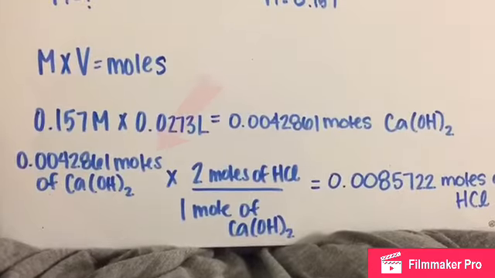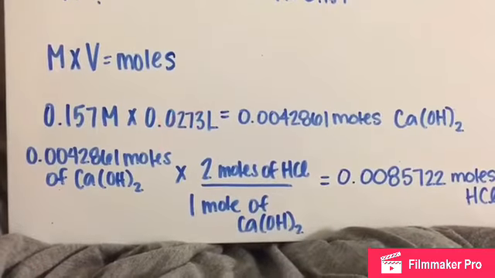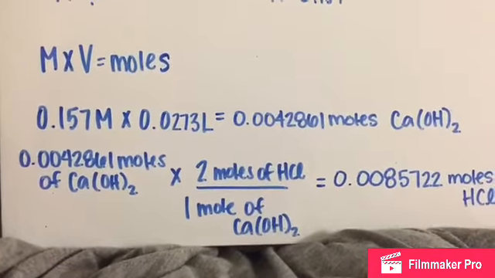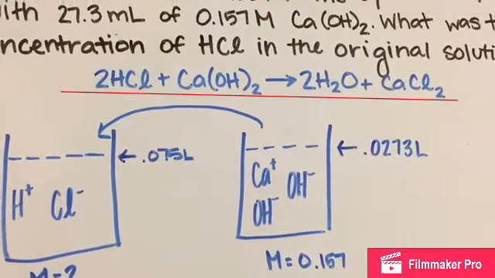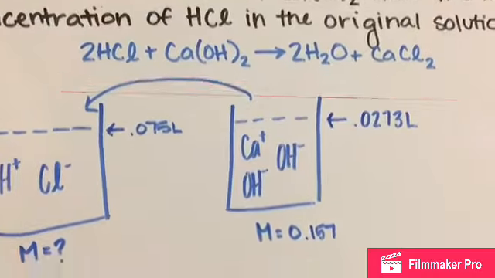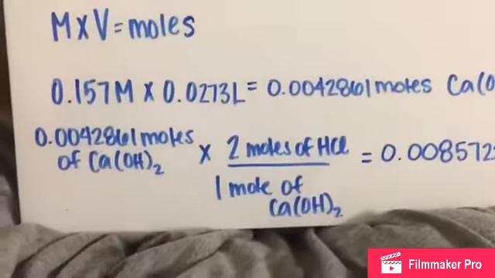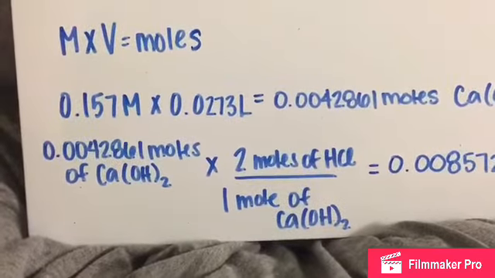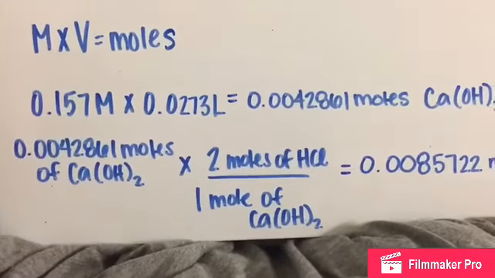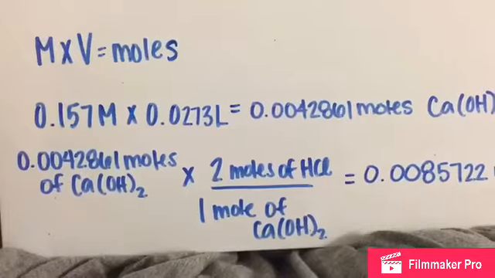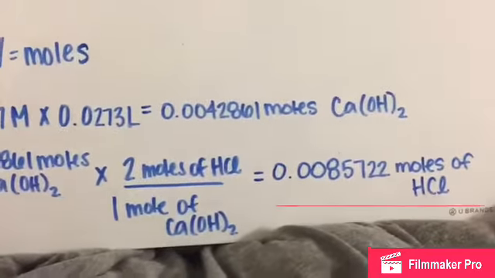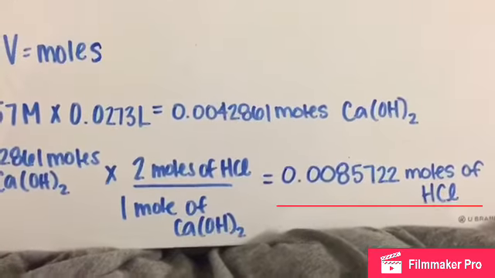We take the moles of calcium hydroxide and use the stoichiometry from the balanced equation, which is written underneath the question. We see that for 1 mole of calcium hydroxide, there are 2 moles of hydrochloric acid. So we multiply that together to get the moles of hydrochloric acid.